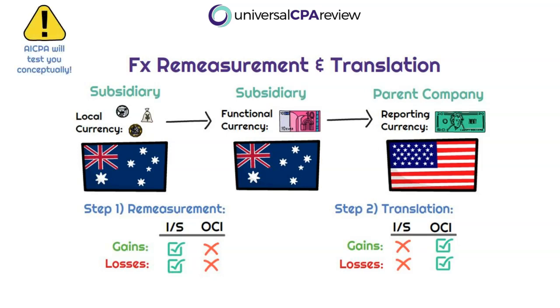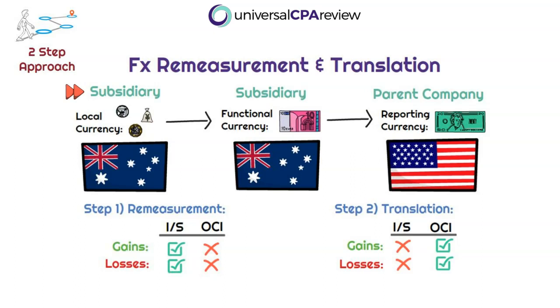Now, the CPA exam, they love to test you conceptually, so that's what we're going to focus on. And we'll go through an example later on. But really, the first part I want you to understand here is this two-step approach for remeasurement and translation. So we're going to start with step number one, which is remeasurement. And as you can see at the top and on the left, it says subsidiary.